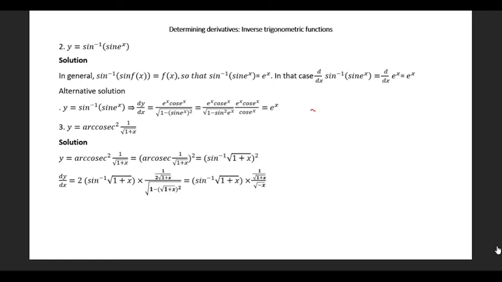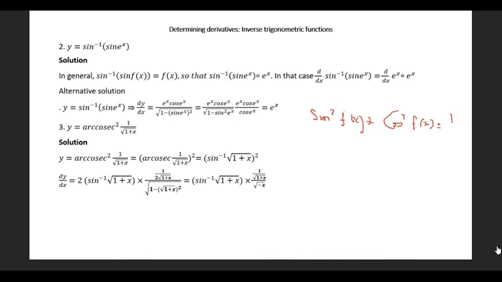So remember that there is this relationship that says sine squared f at x plus cos squared f at x is equal to 1.